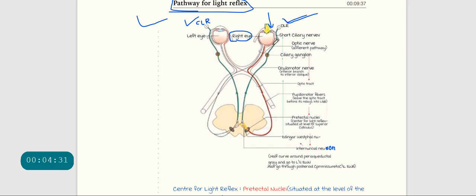Now what is going to happen? There is the optic nerve, which we have discussed in brief detail. This optic nerve takes the sensation and gives it to the optic tract.